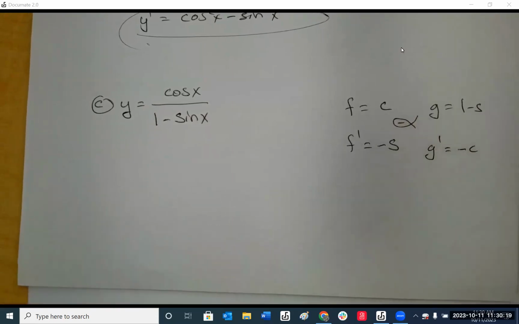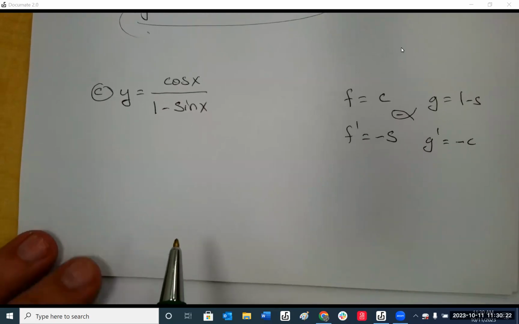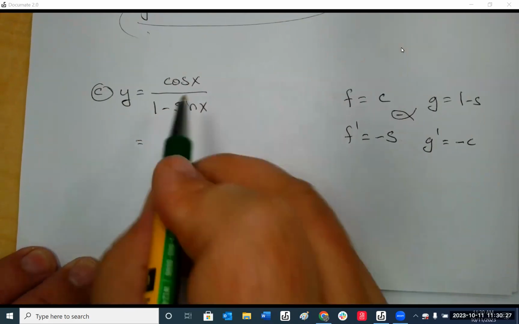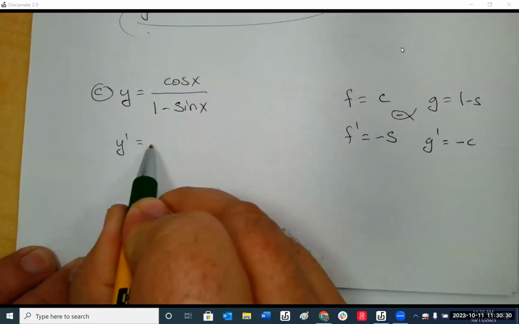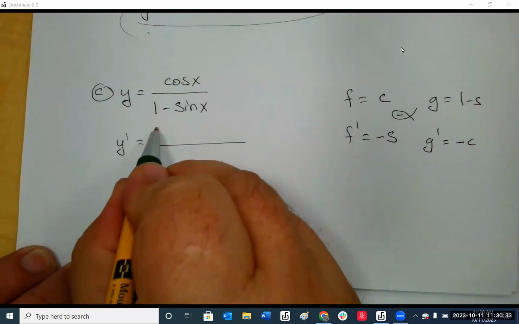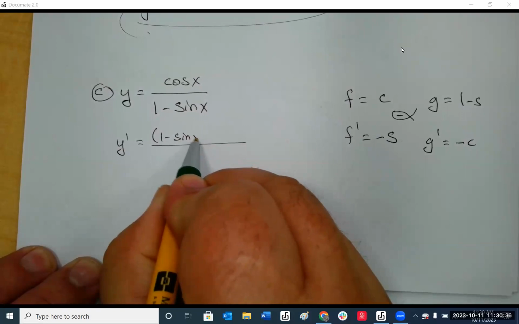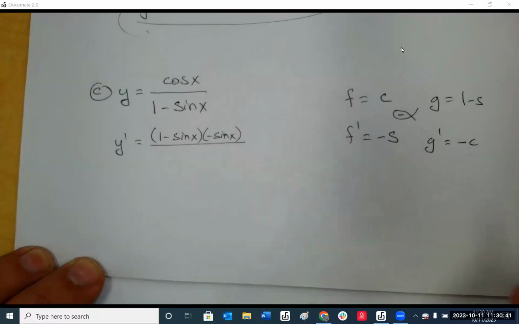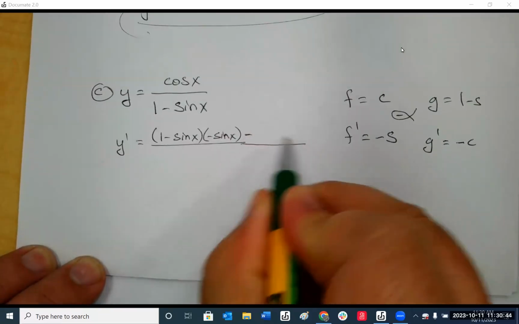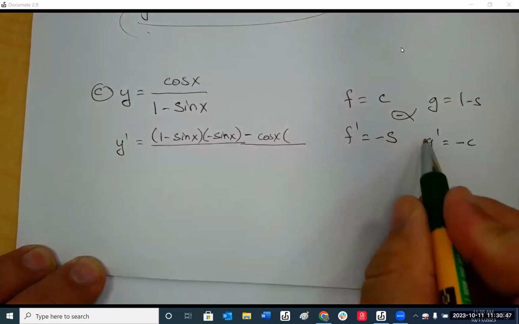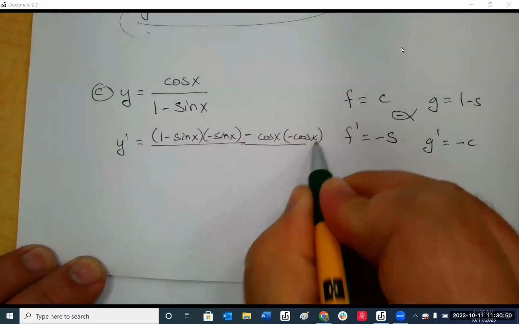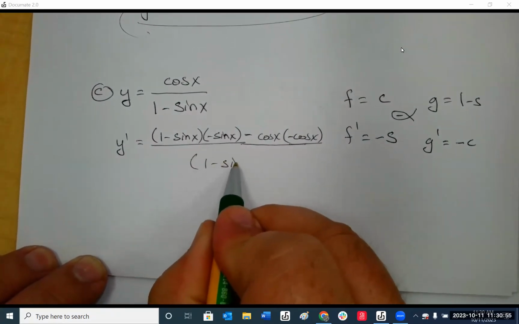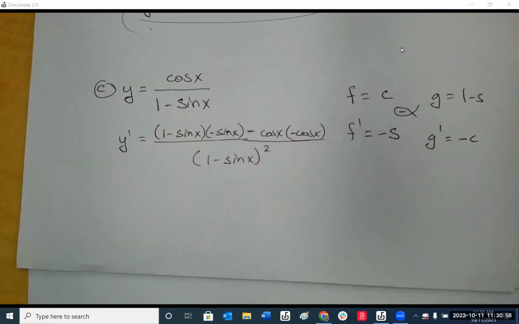Since it's a quotient, we subtract. 1 minus sine x times negative sine x minus cosine x times negative cosine x, all over 1 minus sine x squared.